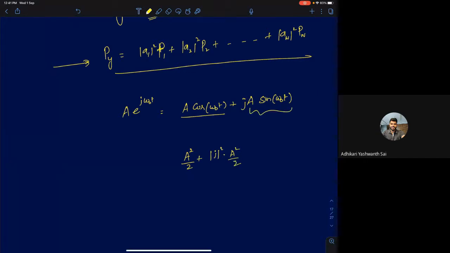So you will get a square. That's the power of a complex exponential. It's a complex signal, and the power of a complex sinusoid is twice that of a real sinusoid with the same amplitude.